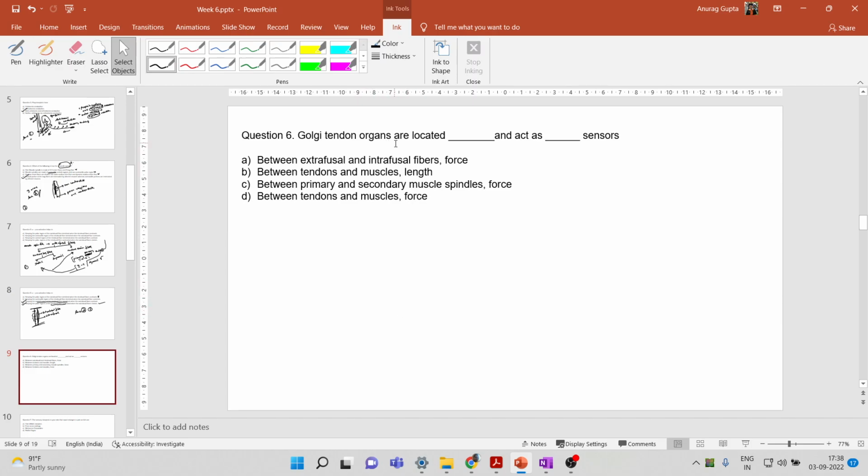Okay. So Golgi tendon organs are located dash and act as dash sensors. Again, I'll give you around 30 seconds to answer this, and then we'll have a discussion.